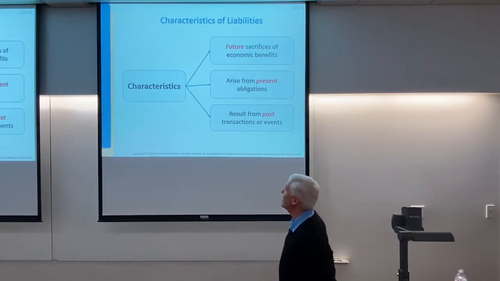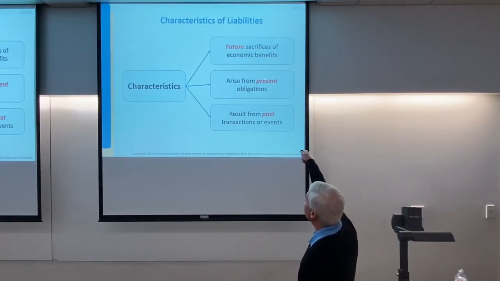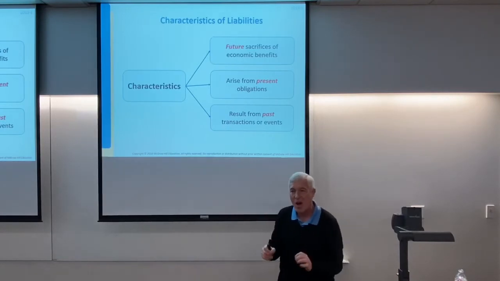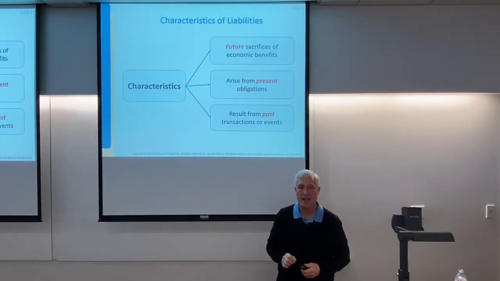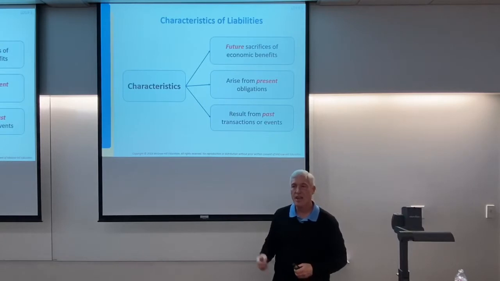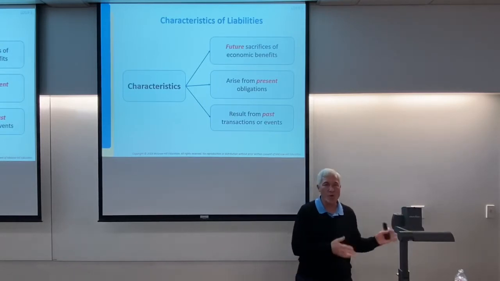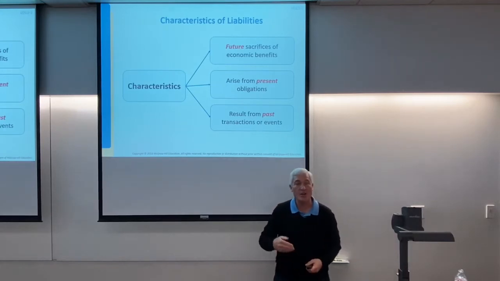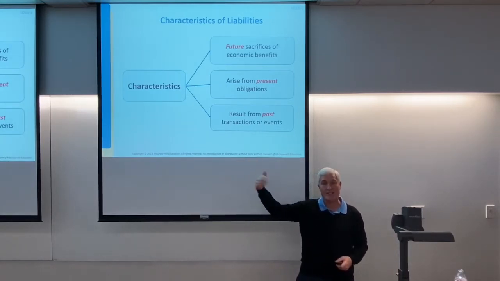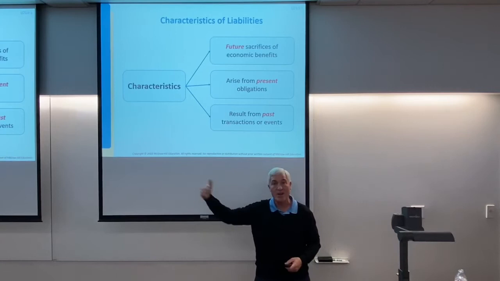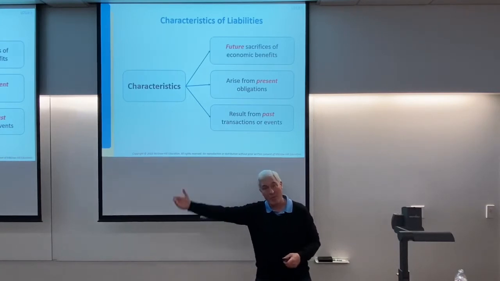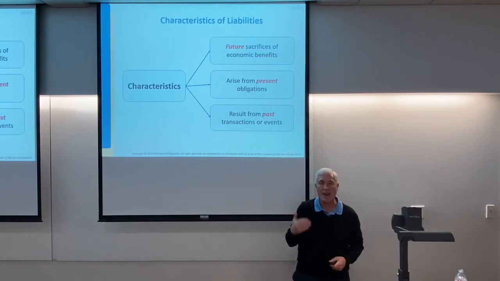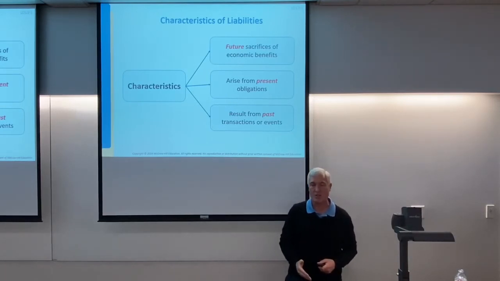One of the most important things here is that it arises from obligations that exist now, on the balance sheet date. So if something happens before the balance sheet date and will result in a future sacrifice, either a cash payment or in some cases we might have to provide a service, we have an obligation that we are trying to recognize on the date of the balance sheet.